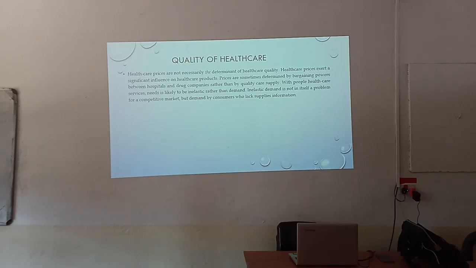Price inelastic means even when prices are increasing, it doesn't affect the demand, right? And then even although prices, sorry, no, this is price elastic and this is price inelastic.